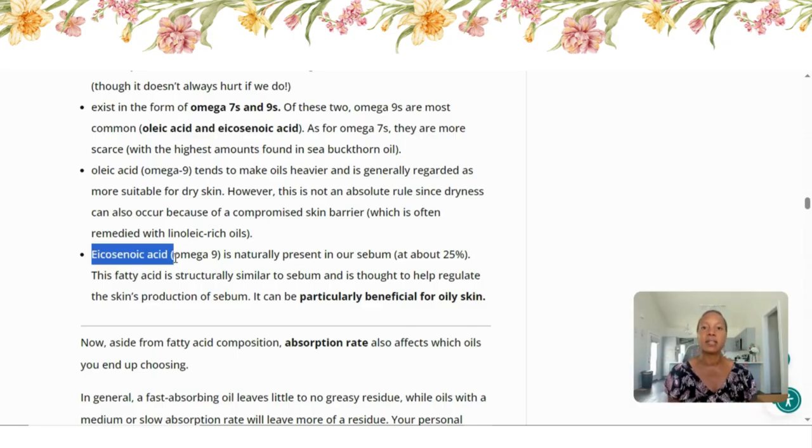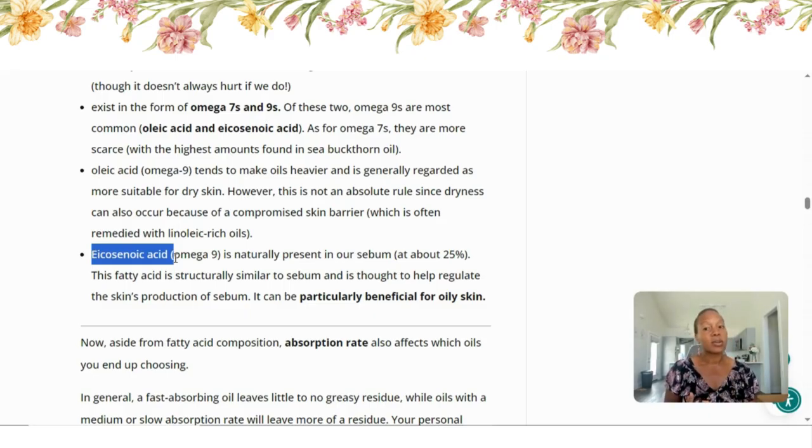We often hear about using jojoba because it is quite similar to your sebum. This is one of the main reasons why it's quite close to our sebum, because it has this fatty acid that is a natural component of our sebum. So that is the overview of your essential and non-essential fatty acids.